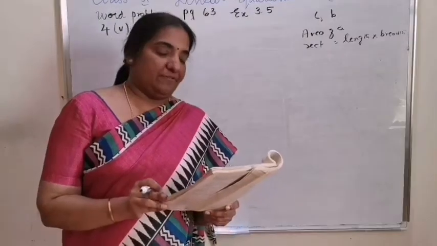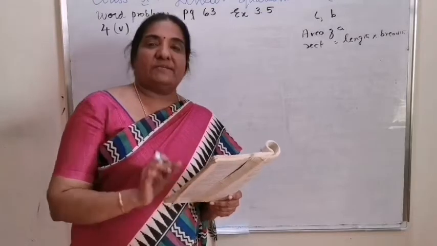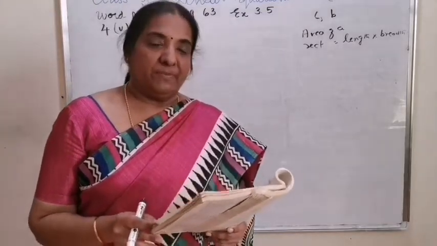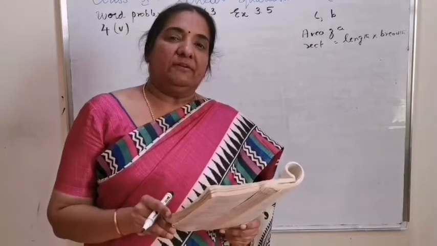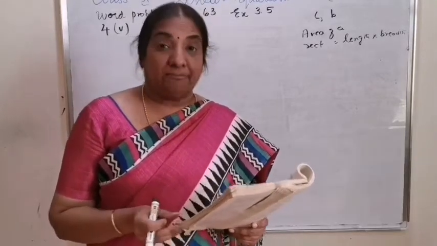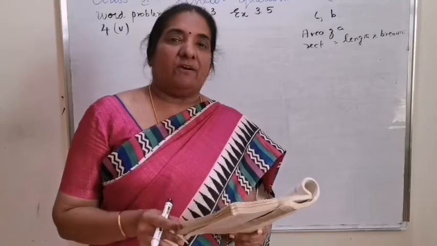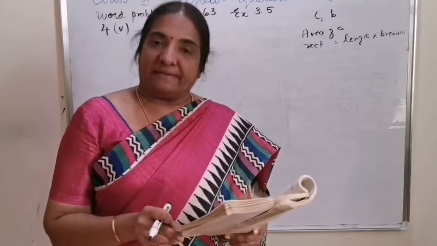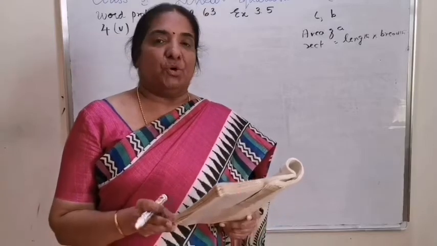Number 4, subdivision 5. This question is related to the topic of measurements, or mensuration, where you will find the perimeter and the area of rectilinear figures like triangle, rectangle, square, and so on.